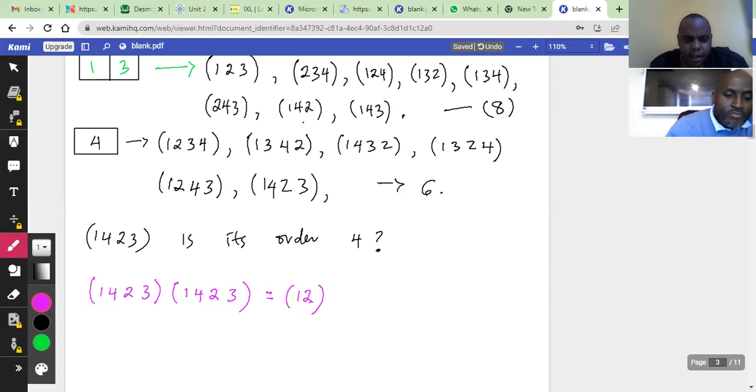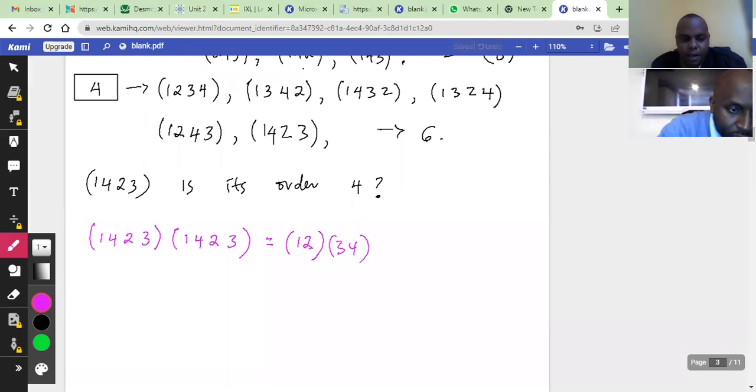And then 3 goes to 1, 1 goes to 4, so 3 goes to 4. And then 4 goes to 2, 2 goes to 3. So we have that, right? I'm not seeing it perfectly.